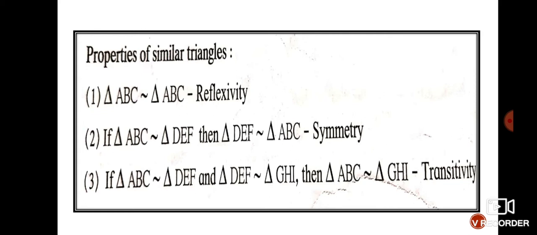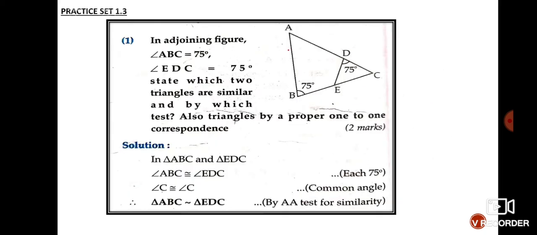This property is known as symmetry. If triangle ABC is similar to triangle DEF and triangle DEF similar to triangle GHI, then triangle ABC is similar to triangle GHI. This property is known as transitivity.